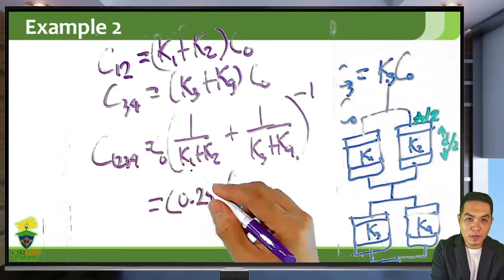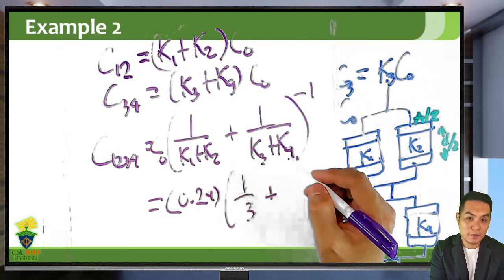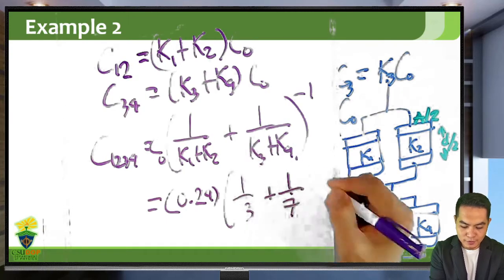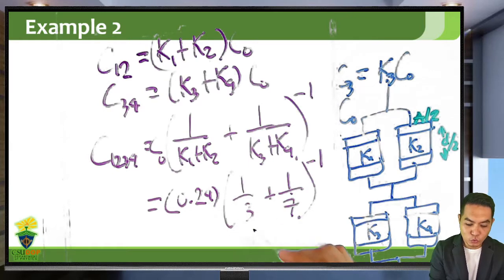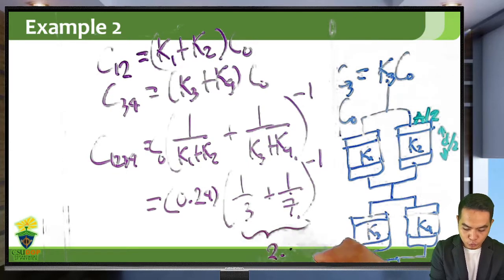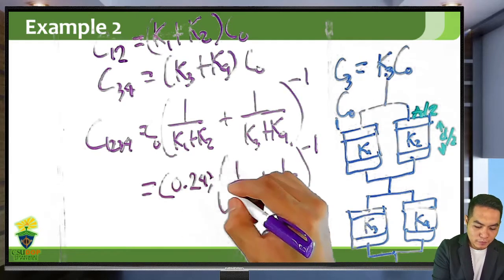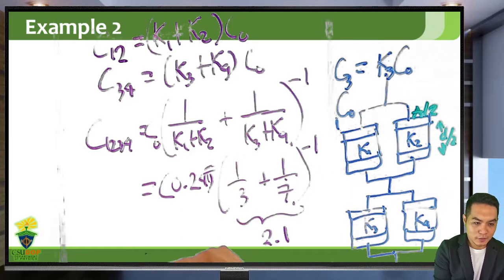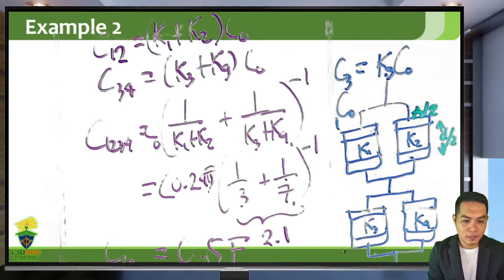And 1 over K1 is 1, K2 is 2, so that's 1/3. K3 is 3, K4 is 4, so that is 3 plus 4 is 7, to the power of negative 1. And this is actually just 2.1. So 2.1 times 0.24 farads. So you will get C1234 as approximately 0.5 farads. So that is C1234.